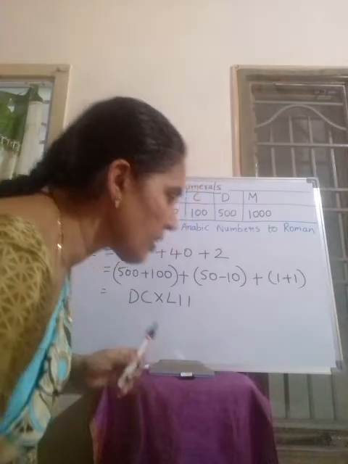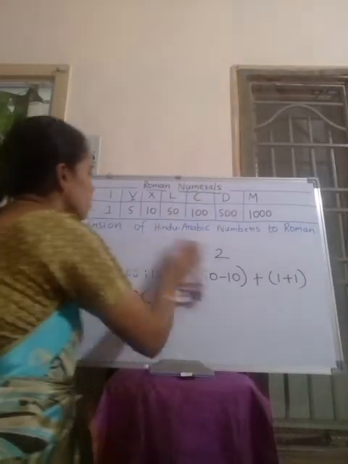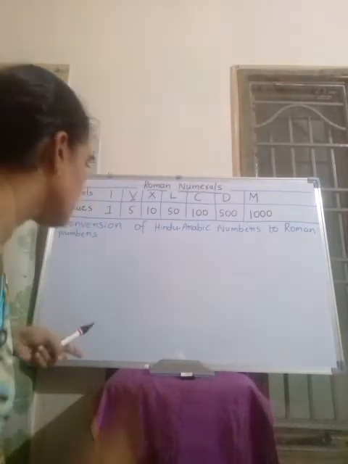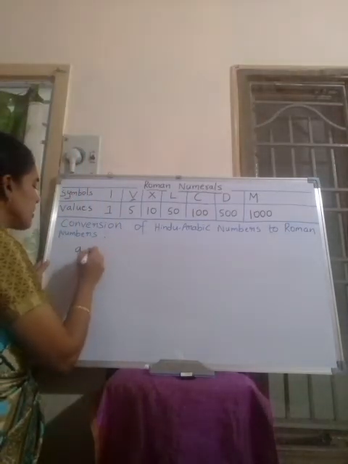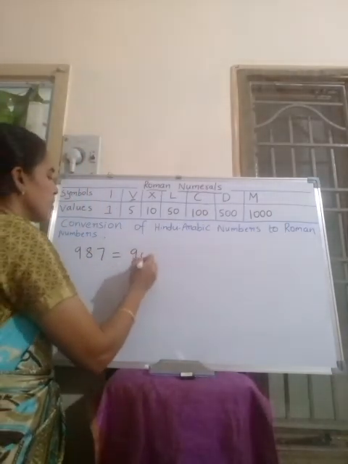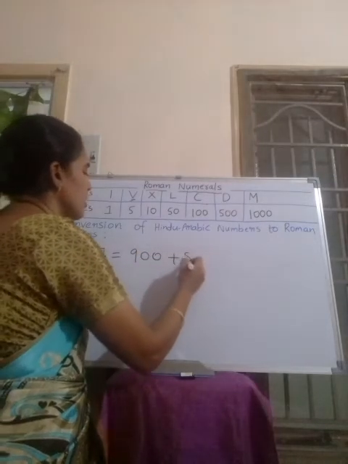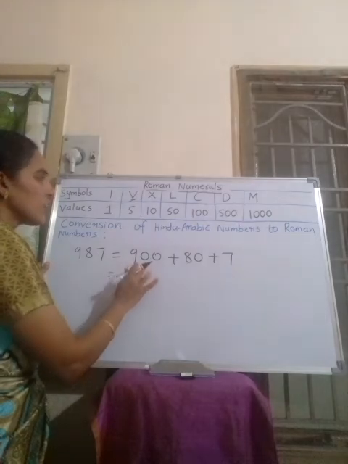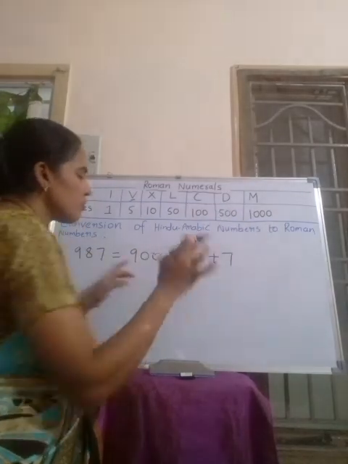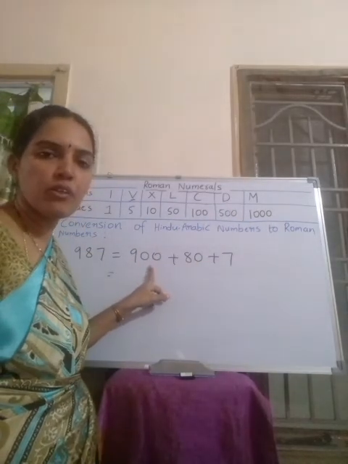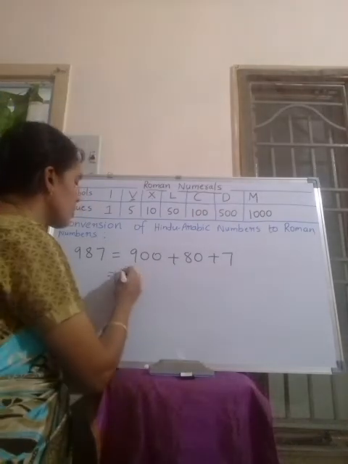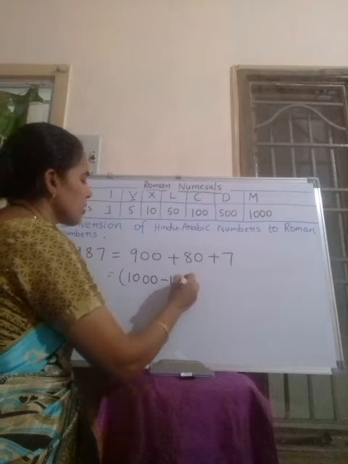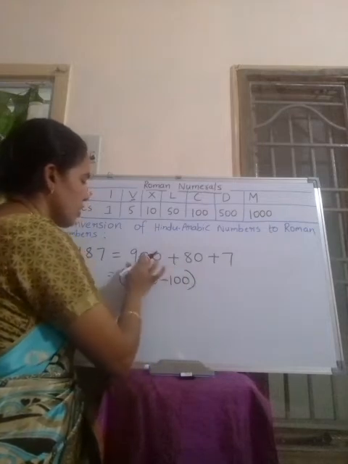Okay, finally we take one more last example, 987, that is 900 plus 80 plus 7. Expanded form of the 900: 500 plus 400, we cannot take 4 times 100. I am using the symbol M, that is 1000. 1000 minus 100 is 900.